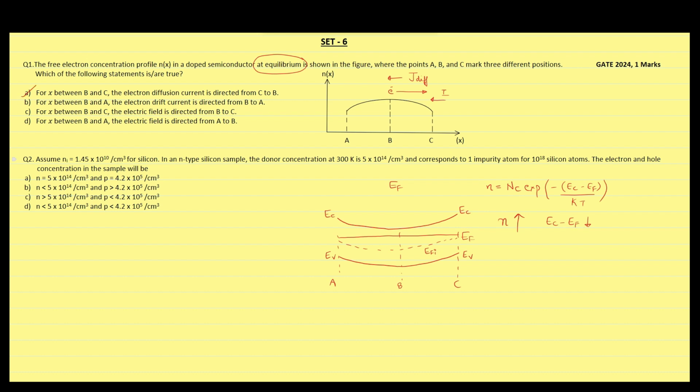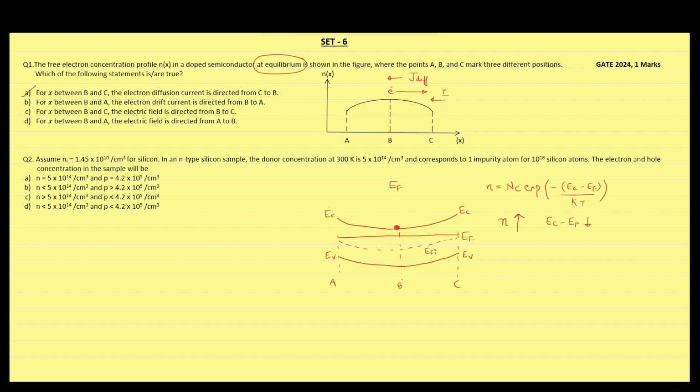For X between B and A, the electron drift current is directed from B to A. Drift current requires the direction of the electric field, so we will need the help of the energy band diagram. Assume that you are here, and I have told you already that the direction of the electric field will be in the direction as if we have to climb the mountain with EC to be the slope of the mountain.